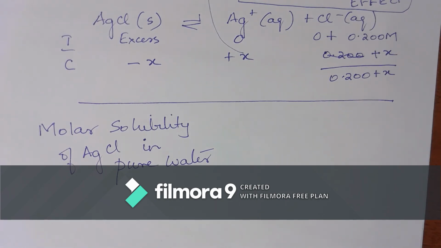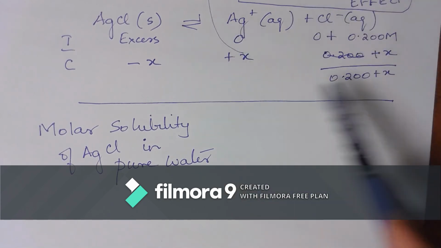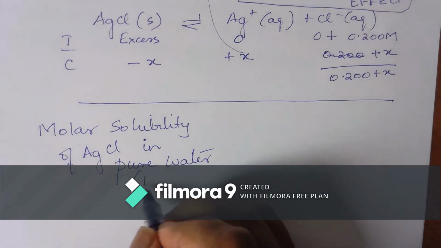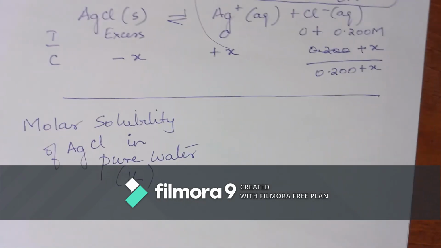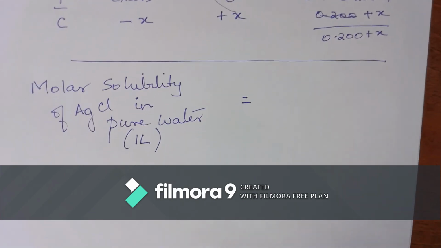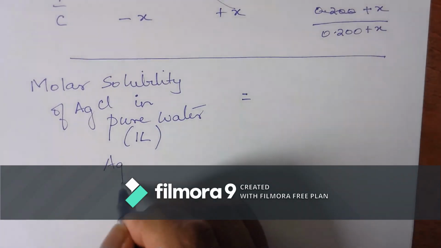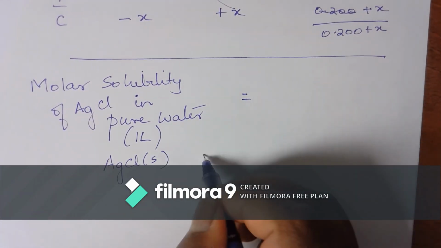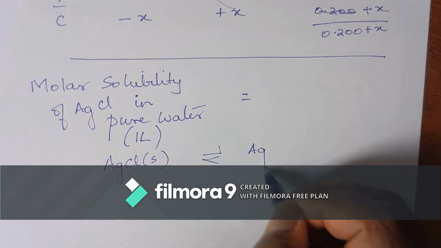Okay. Now the 0.200 molar, that's so many moles in 1 liter. So they may be doing the experiment in 1 liter. So you can say they have 1 liter of pure water. This calculation was already done. And I'm going to show you how they would have done it, because you may be asked to show that as well.